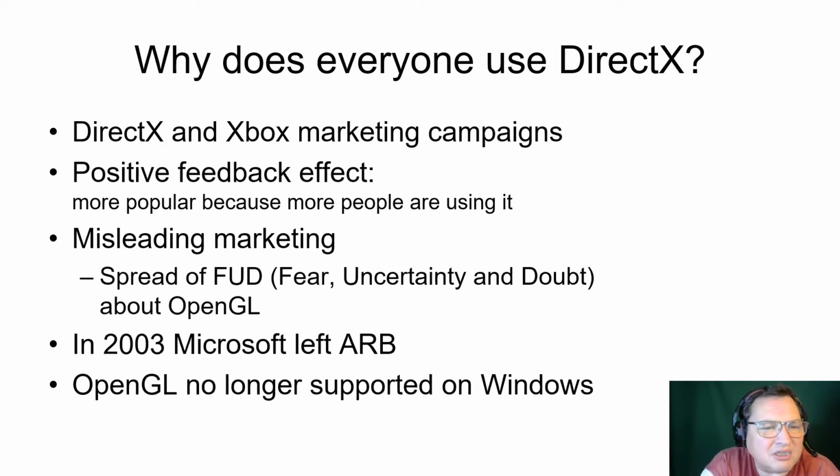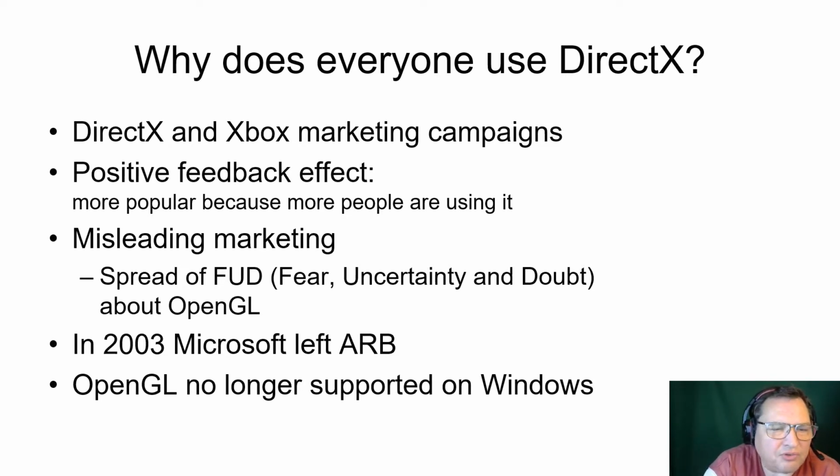Also, there is a lot of misleading marketing. Microsoft is guilty of spreading fear, uncertainty and doubt about OpenGL, including fake news about OpenGL being discontinued or a totally failed technology.